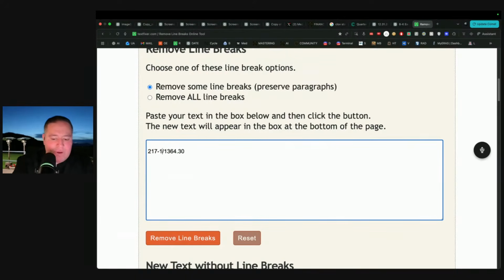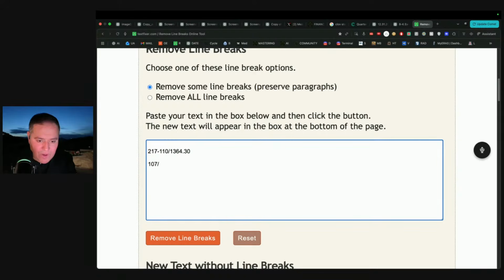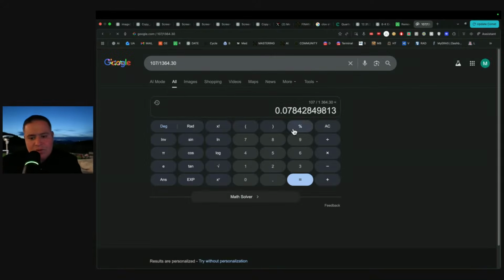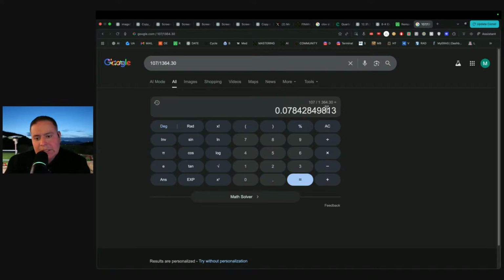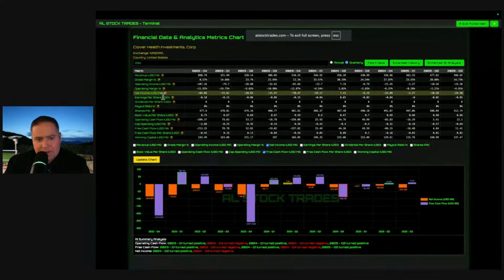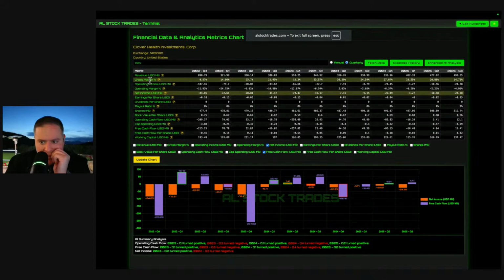So if we do that, 217 minus 110, you get about 107, divided by 1364.30. And that should give you a gross margin of around 7%.